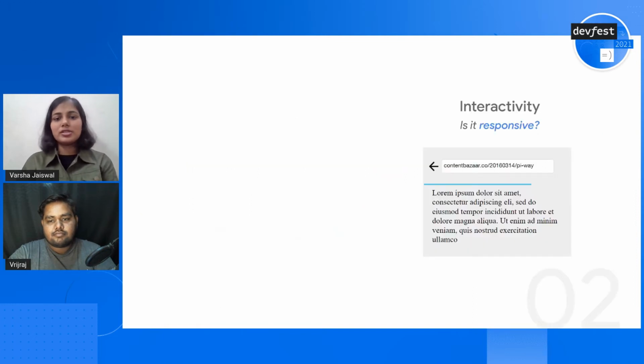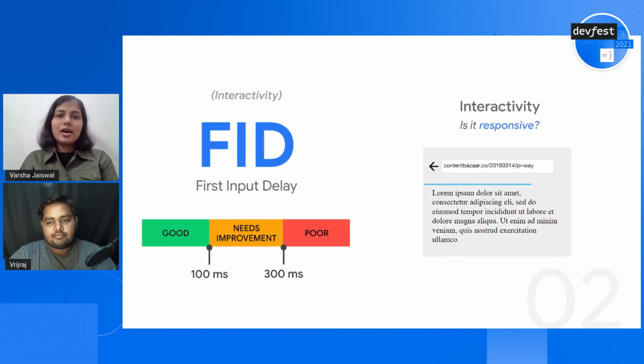Second comes first input delay. That is, is your website interactive? Is it responsive enough based on the user's interaction with your application? So let's say if it is taking less than 100 ms, your website is good enough and will score a higher rank in the Google search engine.